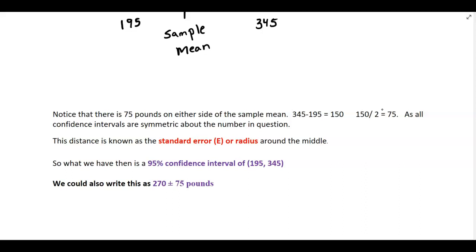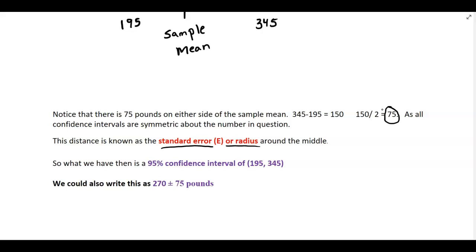This distance, this 75 here, is known as the standard error of my confidence interval, or the radius. Either one is a synonym. So when people say, what's the standard error? Well, it's how much on either side of the sample mean makes up the confidence interval.